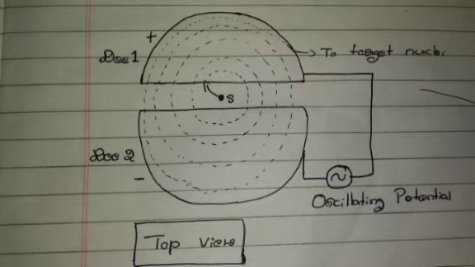When we apply the electric field over and over again on that charged particle, we can increase the velocity of that charged particle. So this is the use of the electric field.